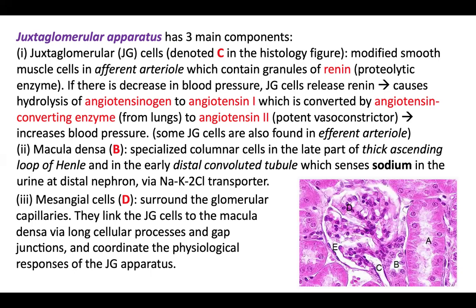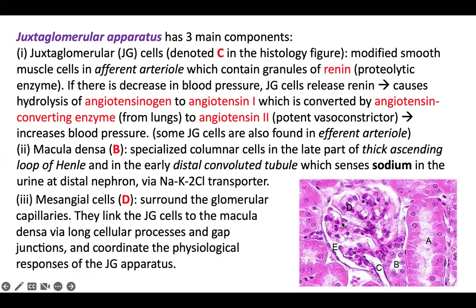There are also some JG cells in the efferent arteriole, but it's thought that the main mediators of the JG response are from the afferent arteriole cells. Then the next type of cells important for the JG feedback is macula densa cells, and this is denoted as B in this histology figure.